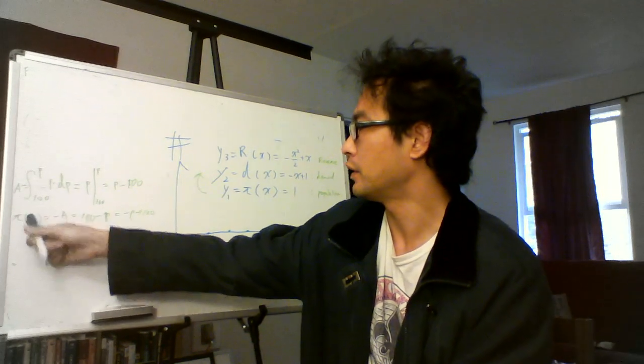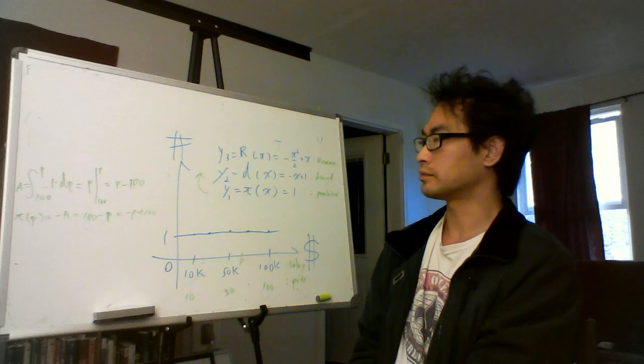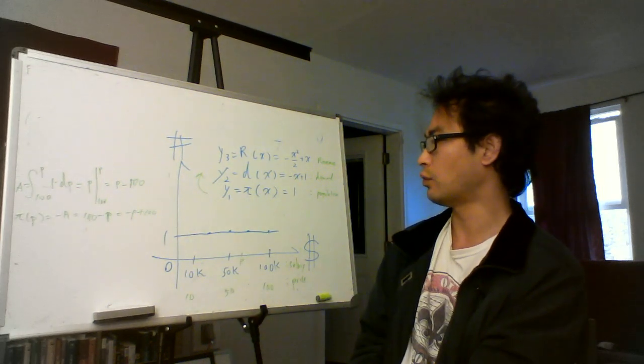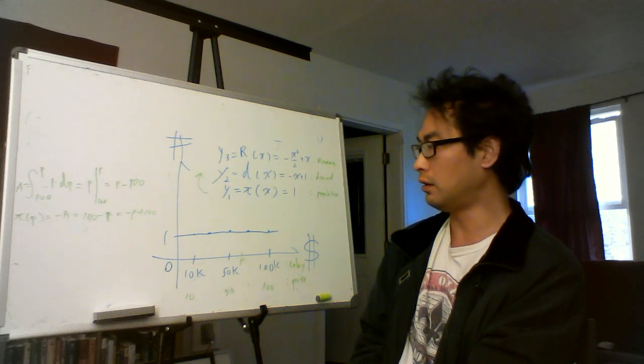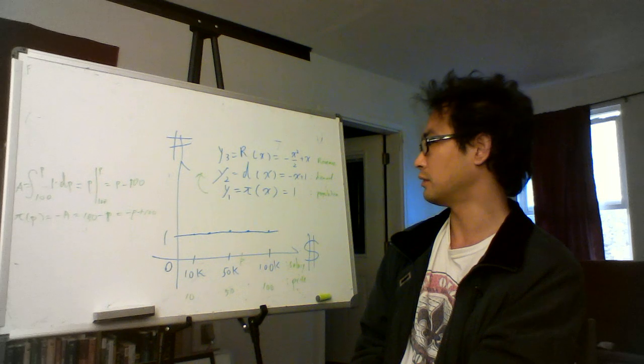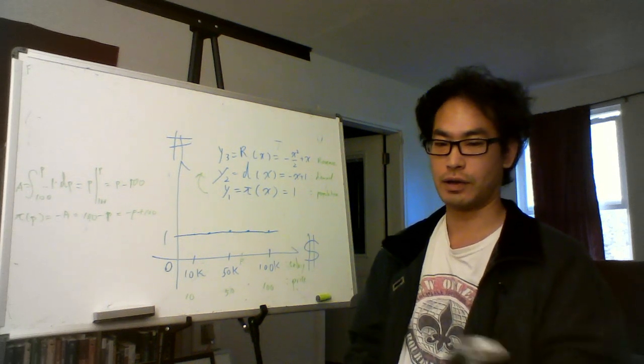We'll call it pi of p. To make this whole thing positive, why? With demand, we want to think of demand as something positive, so we don't want to do negative demand.